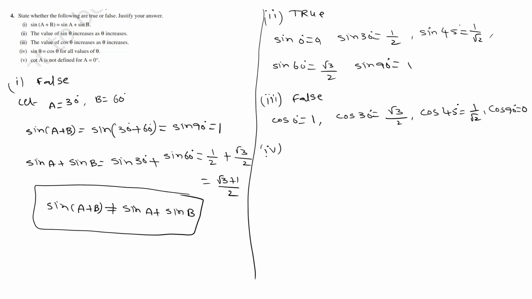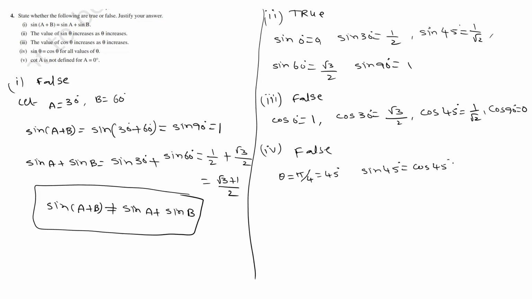Next, the fourth one: sine theta is equal to cos theta for all values of theta. So this is also false. For all values of theta means only one value where both are equal. Remaining all the values are false here. Suppose theta is equal to pi by 4, or nothing but 45 degrees, we are taking. In this case only, sine 45 is equal to cos 45.